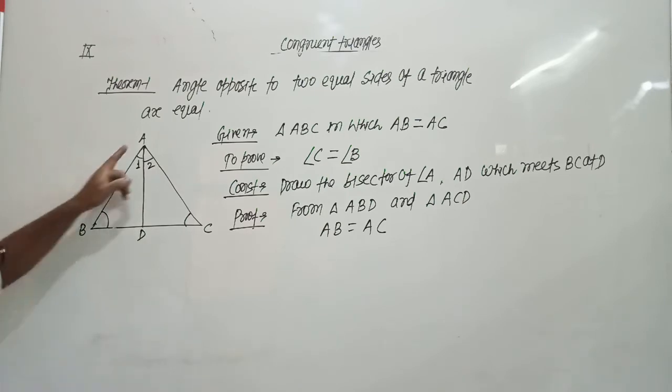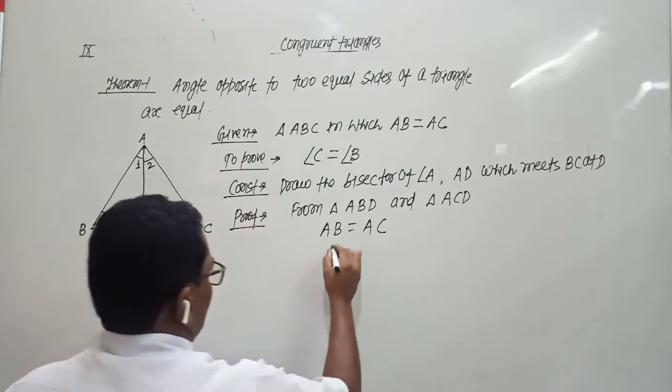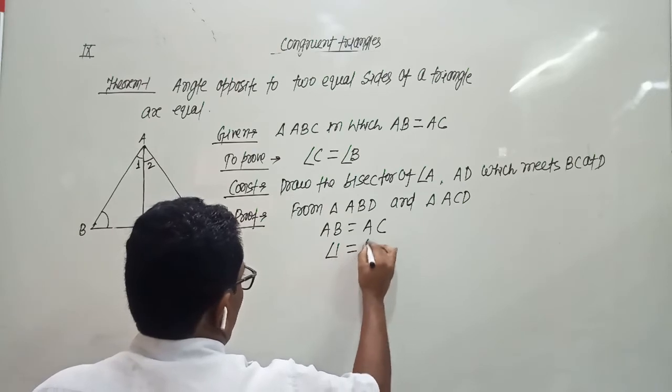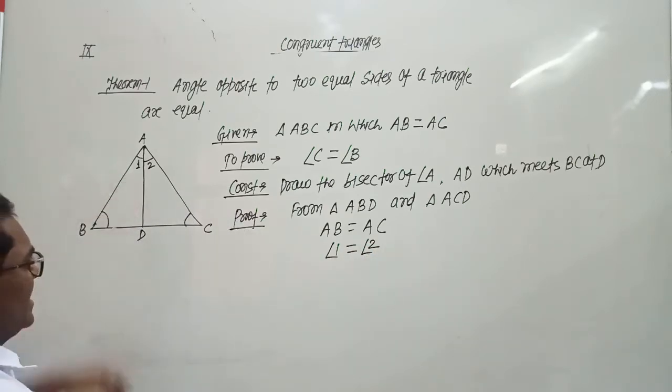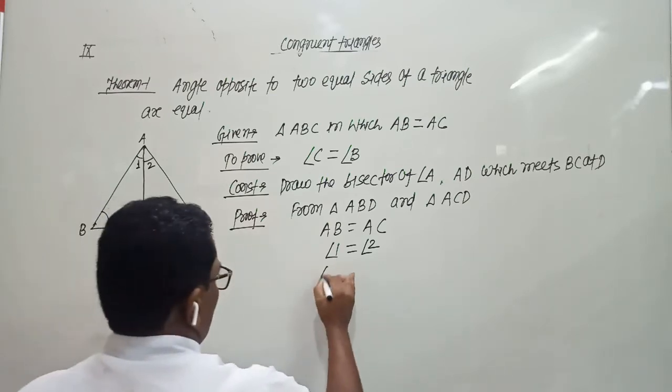Side AB equals AC, angle 1 equals angle 2, and AD equals AD, common.